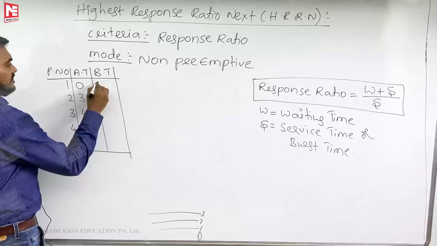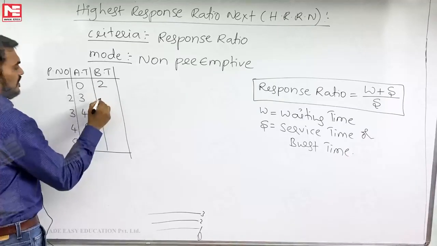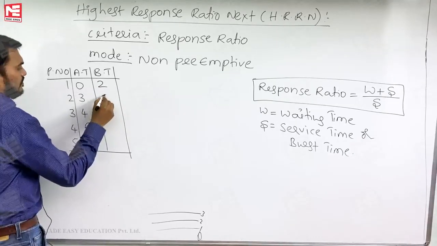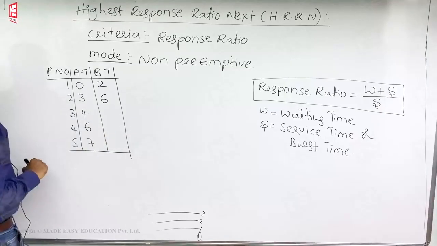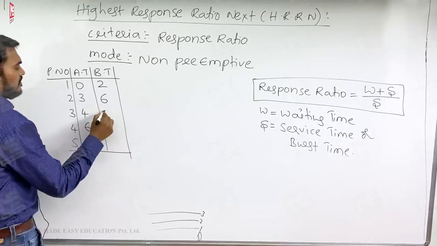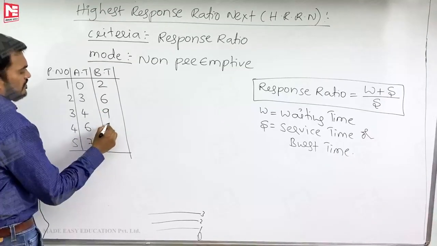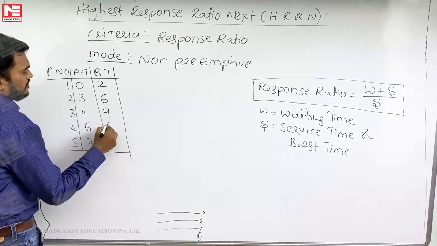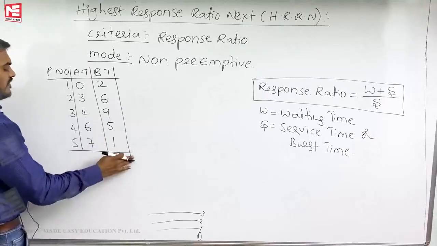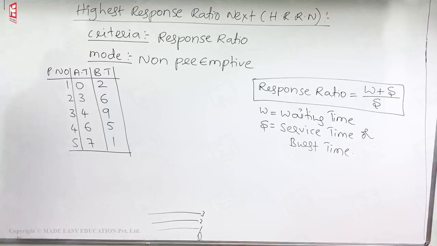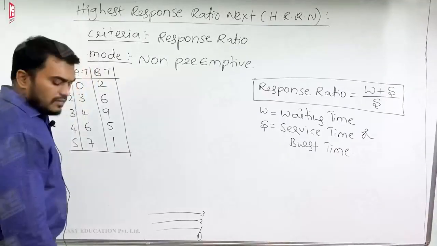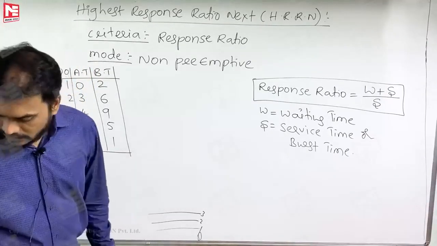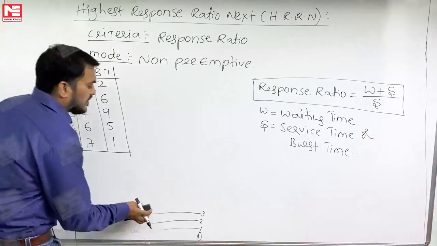Burst times: 2, 6, 9, 5 and 1. So copy these values. I will explain how we calculate response ratio and everything. So please copy the question first.